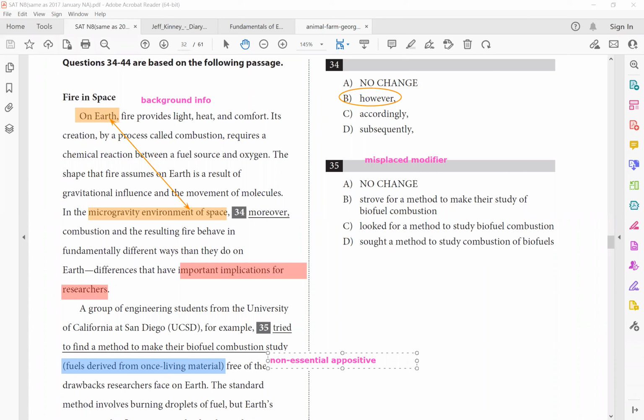A rule for modifiers is that they have to be placed as close as possible to their antecedent, which is the noun they modify. So we need to make sure the last word is what the fuels modify. That's why the answer is D, biofuels.